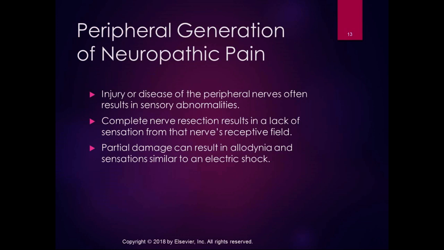A lot of times after total knee replacement, pretty much everybody tells me that they're numb on one side of the incision, and that's because of peripheral nerve resection. As it starts to regenerate, they often get those sensations of electric shock. It's not neuropathic pain at that point, but it's pretty weird, and I hear that a lot from people.